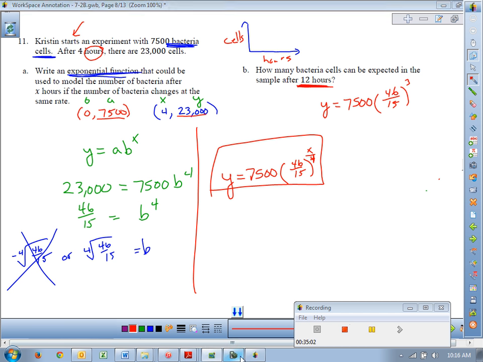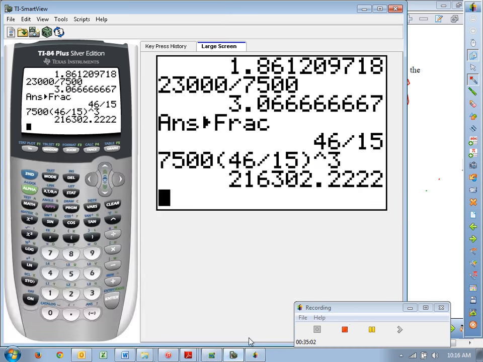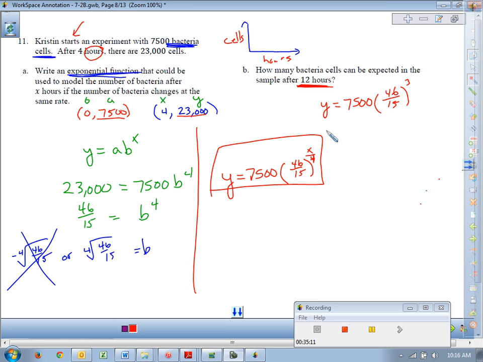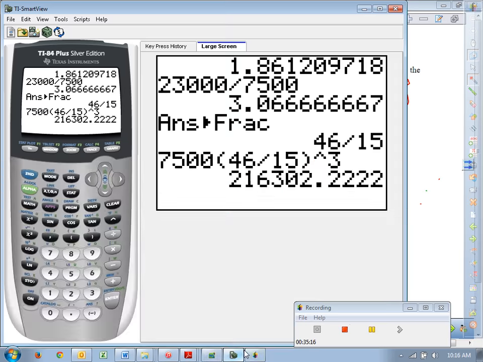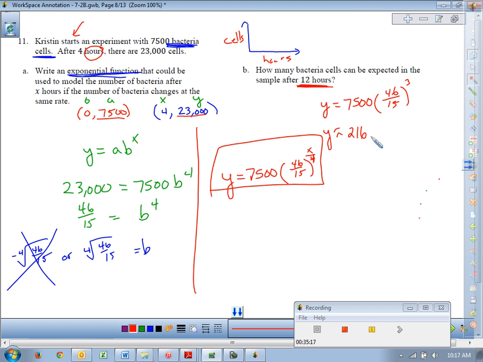What do you want to round to? 10th, whole number, 100th? Whole number, right? About how many cells? 216,302. So y is about 216,302 cells. Fabulous.